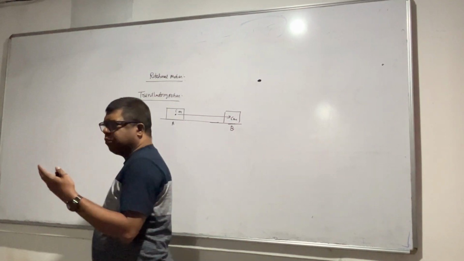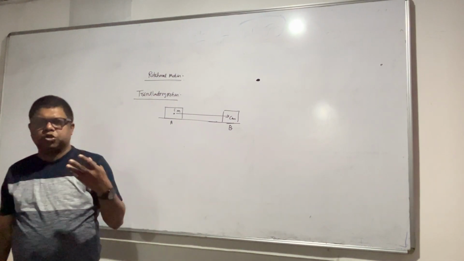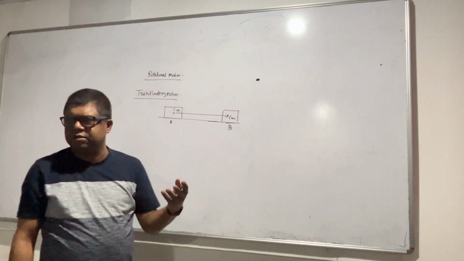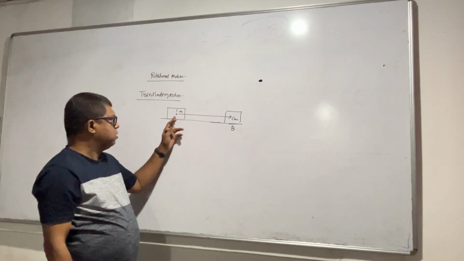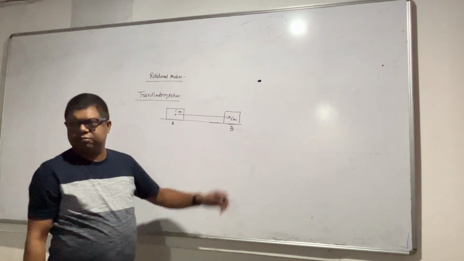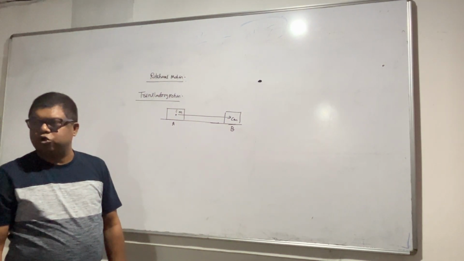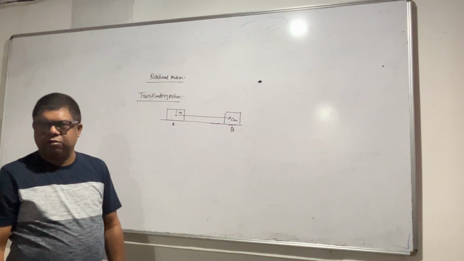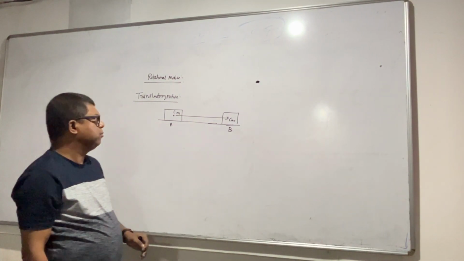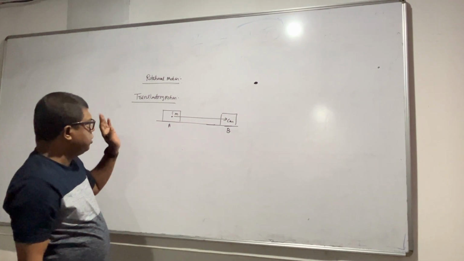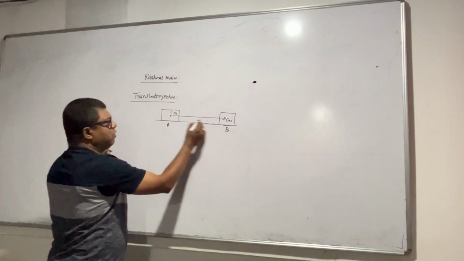Center of mass means almost all the mass of the body is supposed to be concentrated there. That is called the center of mass. And that is the straight line motion. The center of mass moves along this straight line. That is the translatory or straight line motion, rectilinear motion. So in this translatory motion, the center of mass moves along this straight line.